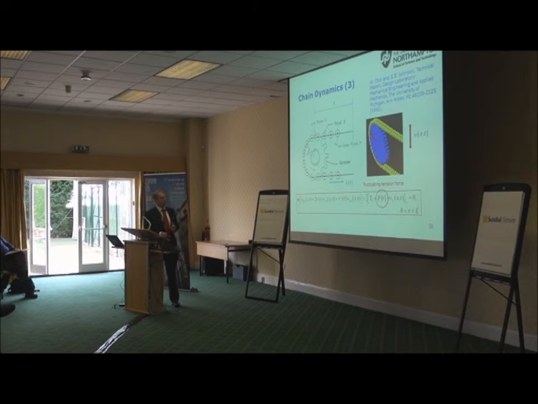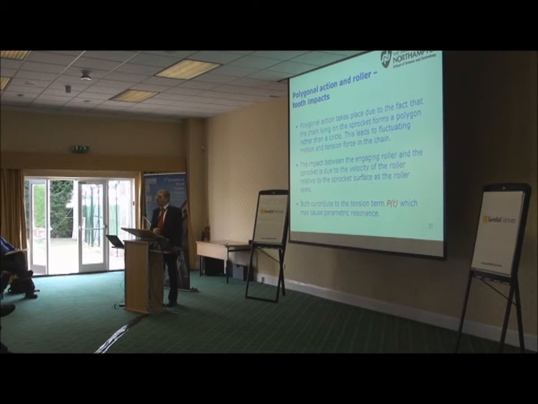And what is important here is that this equation, which is now quite complex, similar to what we had for a cable or rope, has got a fluctuating tension force. And one reason that this component is there is the so-called polygonal action of the chain.